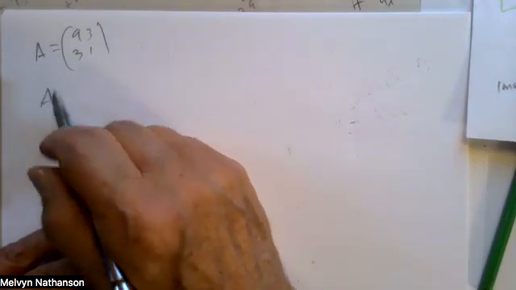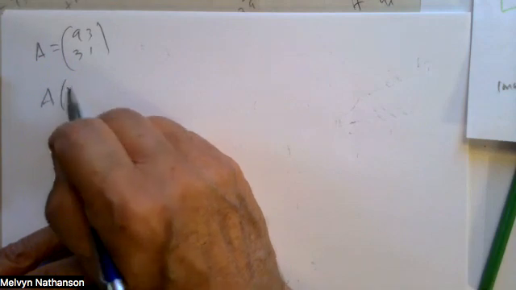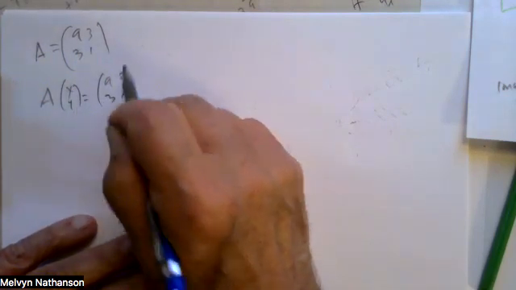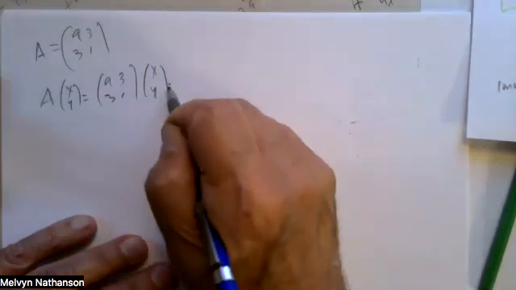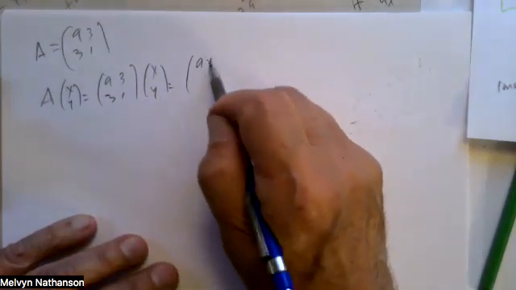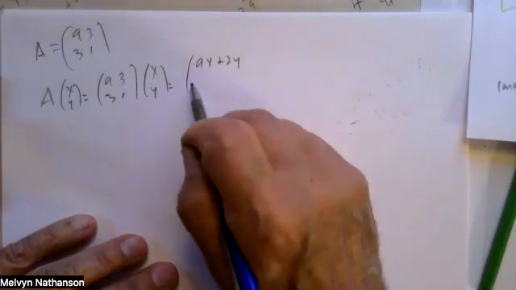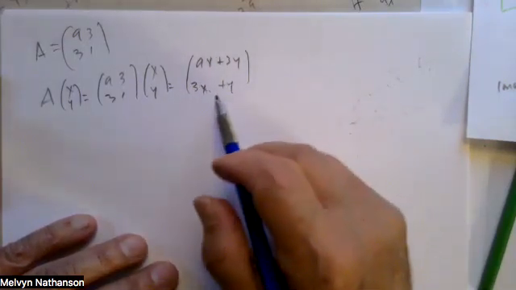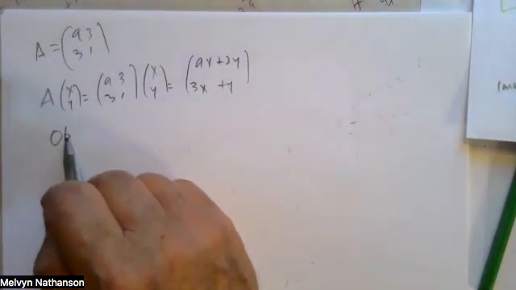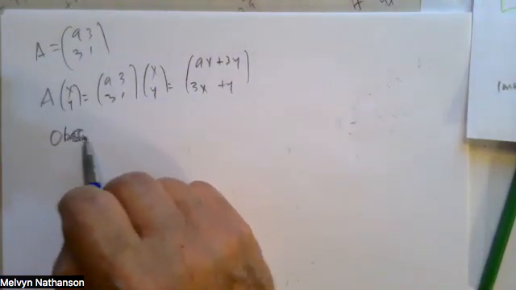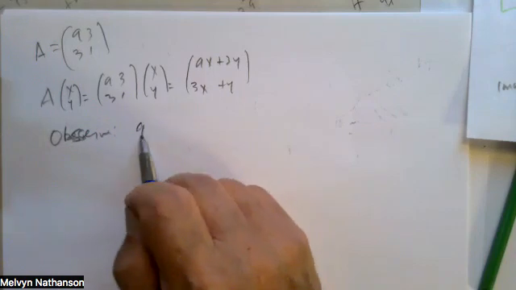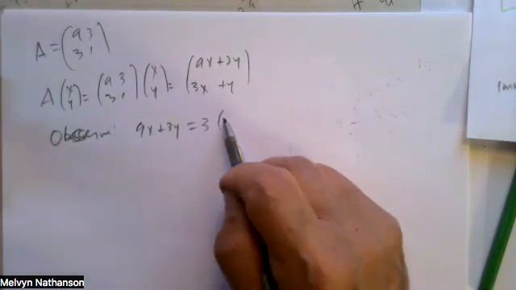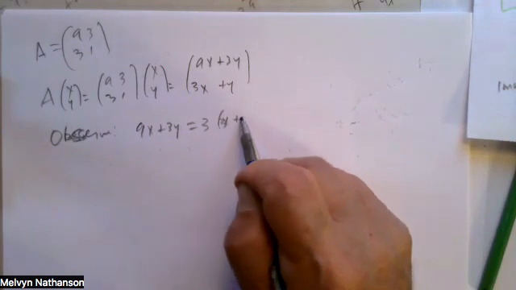So A applied to the vector x, y is 9, 3, 3, 1 times x, y. That's 9x plus 3y, 3x plus y. And I observe that 9x plus 3y is exactly 3 times 3x plus y.